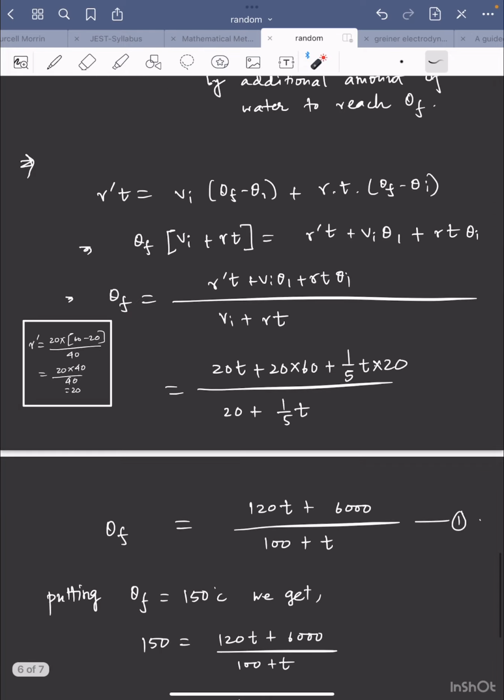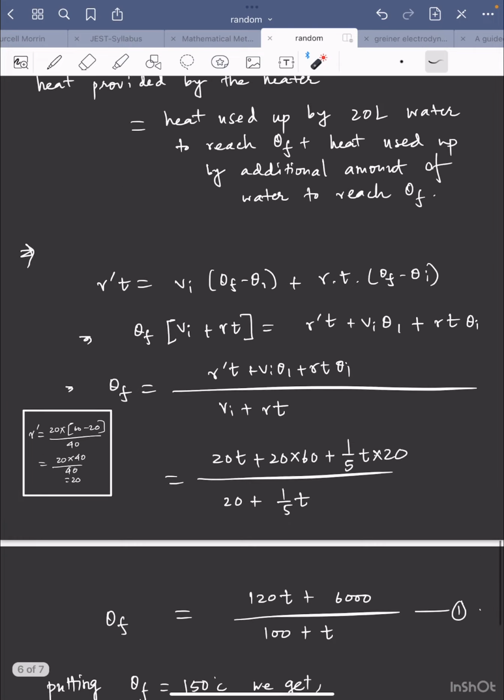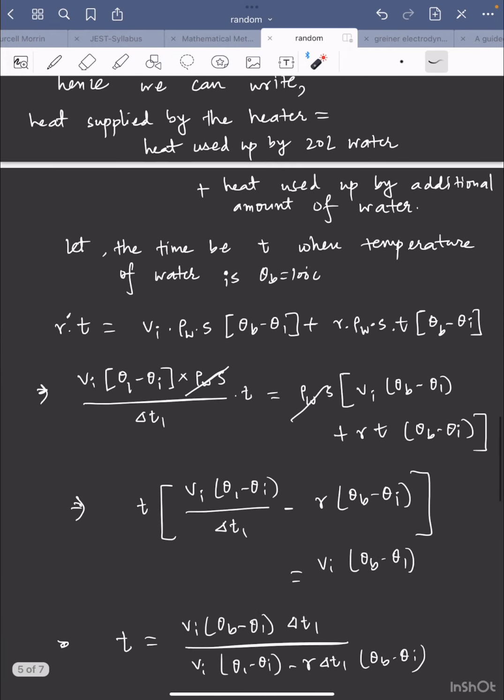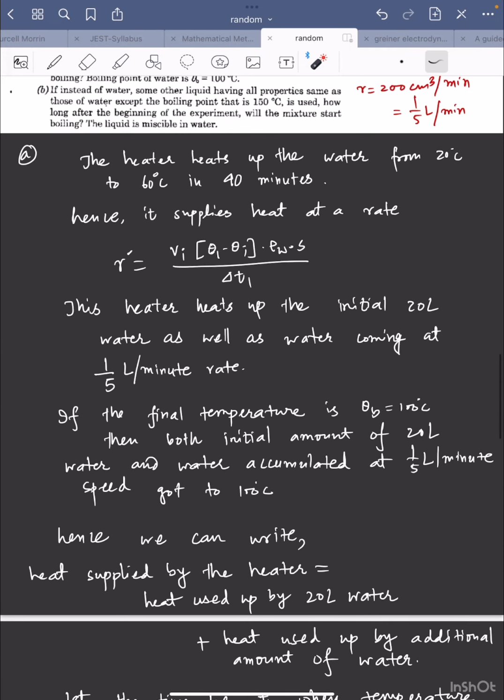Then we have to put in the values of R dash and R. We can find R dash. Here you can see we have excluded the rho W and S terms because they got cancelled in the first expression. This is our Vi, this is theta 1, this is theta I, and this is delta t1. So that is our R dash without rho W and S.